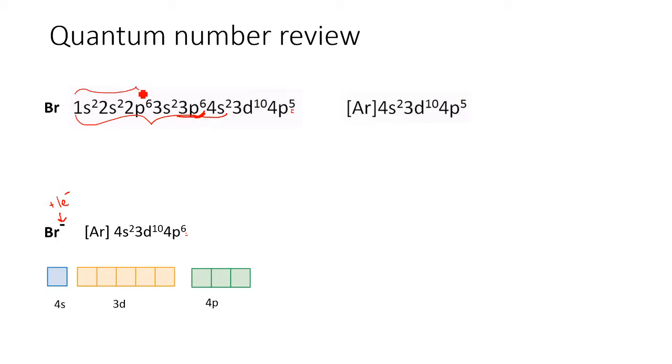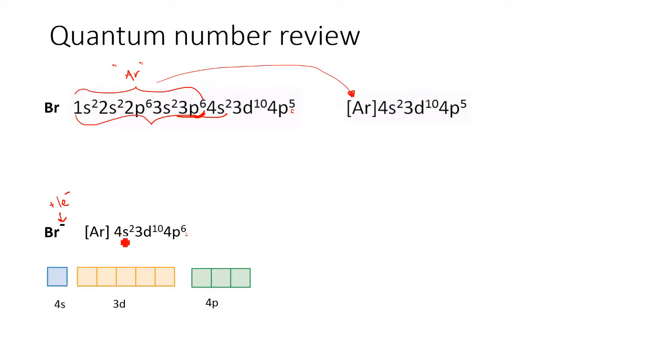So all of this stuff is there when we say argon. Right? So we can lump all that stuff in by drawing argon with its brackets. This is the abbreviated form. And then we can go 4s2, 3d10, 4p5. Okay, but back down here to the ion, we've added 1 electron, taking it from 4p5 to 4p6.